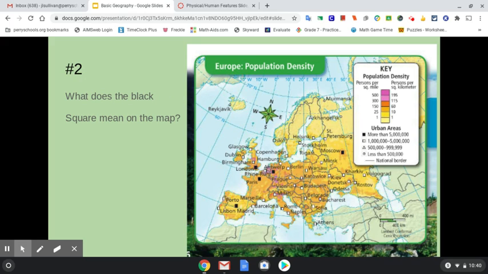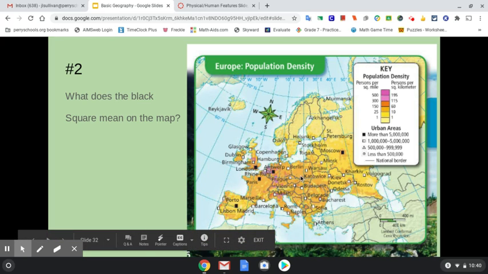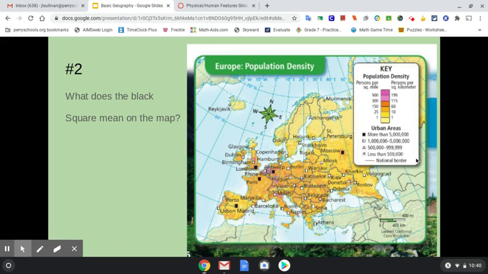Sorry about that. The next one, number 2, same map. The question just asks, what does the black square mean on the map? If it's asking you about what an object means on the map, these are symbols that the map is using. So you need to come over here to the map key and find the black square.